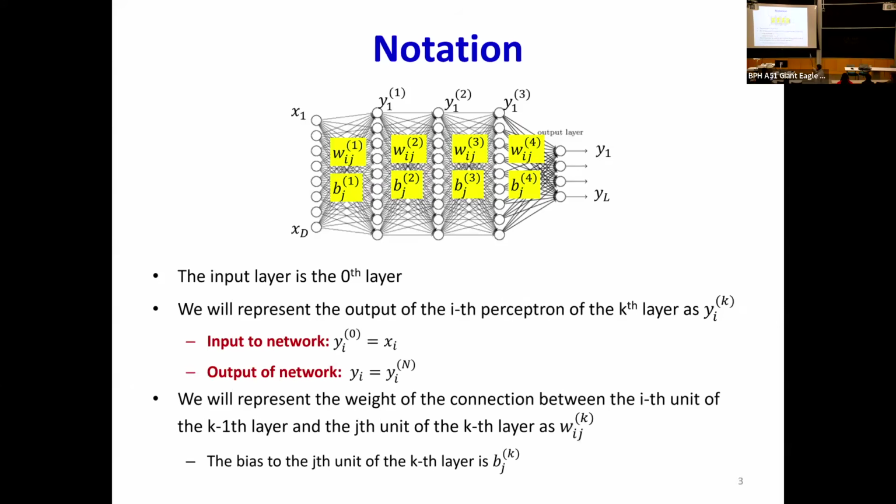If you see B subscript j superscript 3, it means it's the bias to the jth neuron in the third layer. All the neuron outputs are labeled Y. The subscript represents which neuron it is. And the output, of course, doesn't have a superscript. If the Y has a superscript, it represents the layer number.